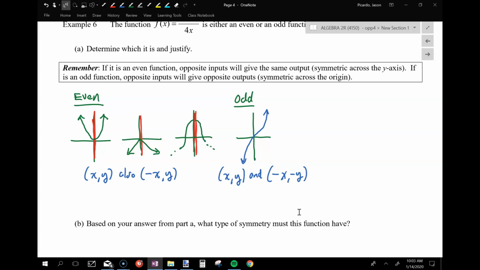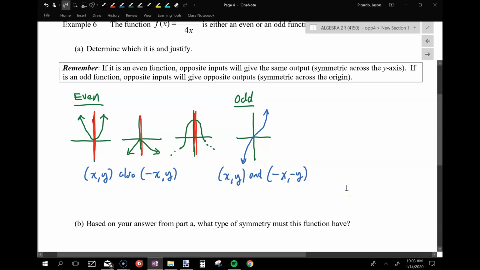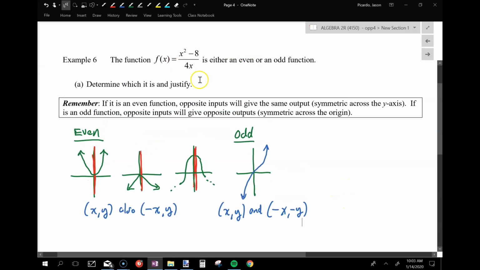You want to see how smart you guys are? Watch how smart you guys are. Here's a function, right? It says f of x equals this. Well, what does this rule say? It says xy, it says negative xy. In other words, if I plug in x, I get y. If I plug in negative x, I get y.